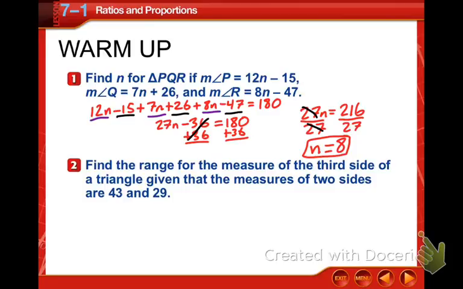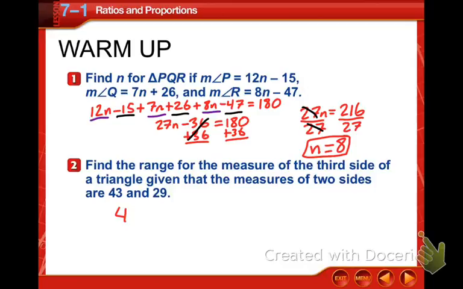Alright, and now our next one, we need to find the range of the measures of the third side of a triangle, given the measures of the two sides are 43 and 29. So if you remember back to the notes from last time, all we had to do was add them up to get the maximum it could be, and subtract them to get the minimum that it could be. The third side, not they.